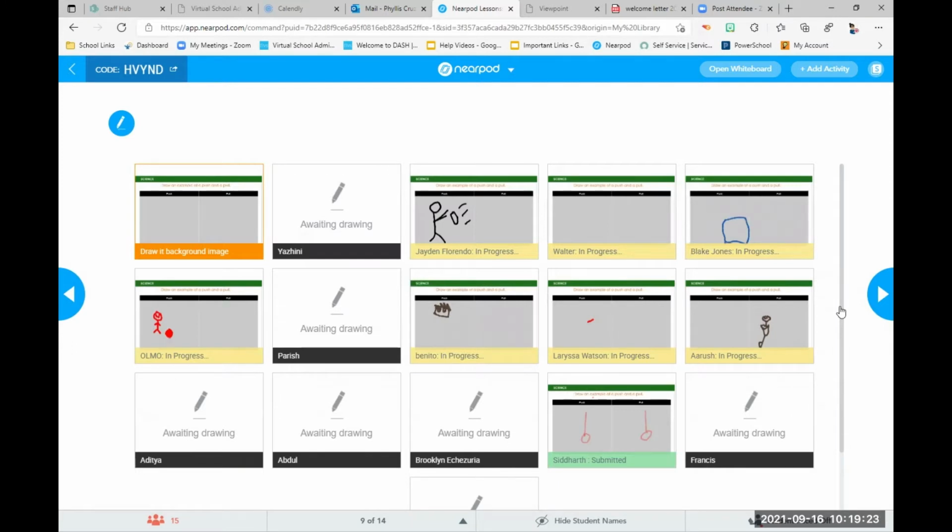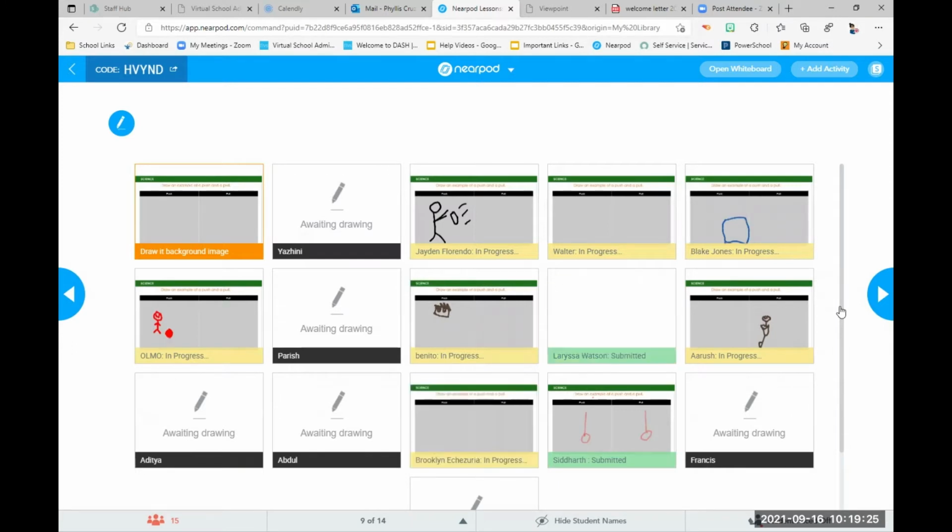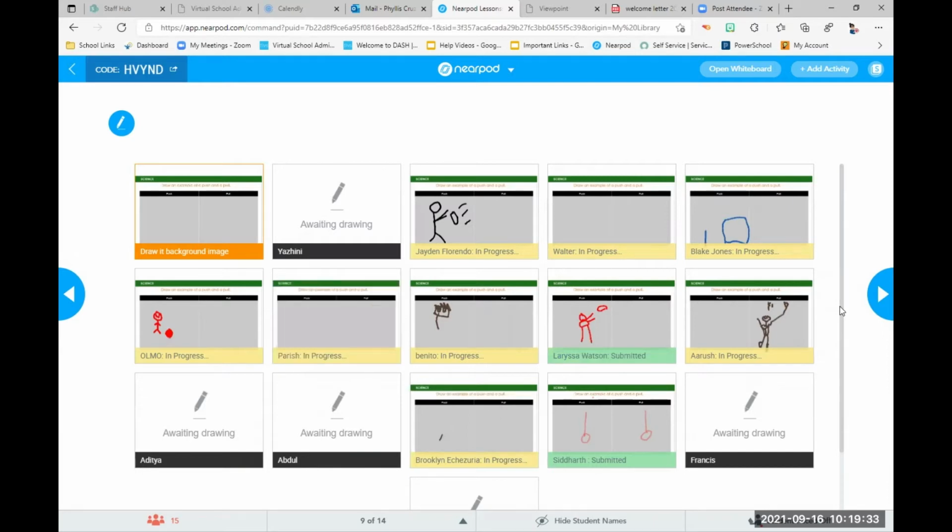Now, I'm going to tell you something that's extremely important. In math and science, you're going to hear me say a lot: label your pictures, label your diagrams. Label means to put a word next to it, or several words, so that when another person looks at your picture, they know exactly what they see.